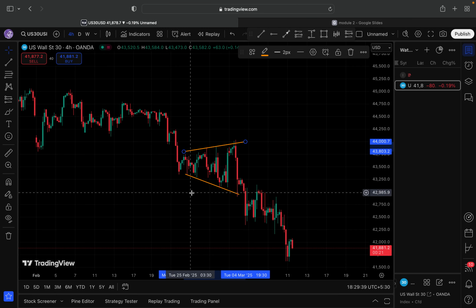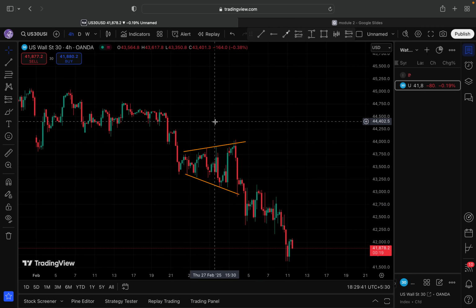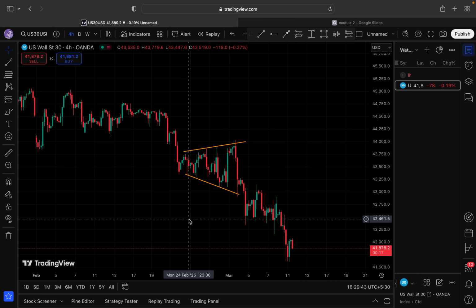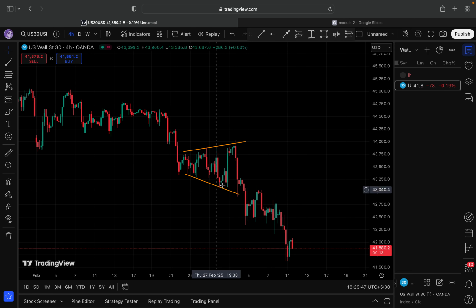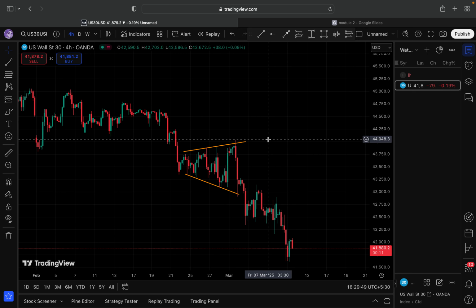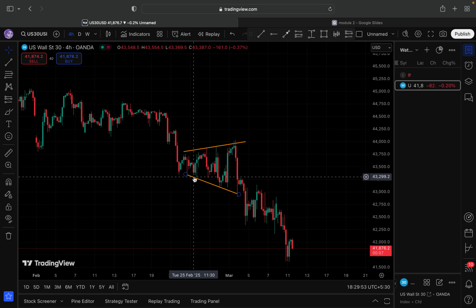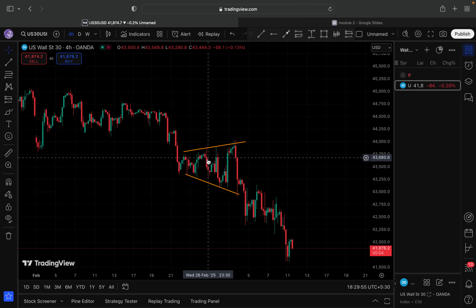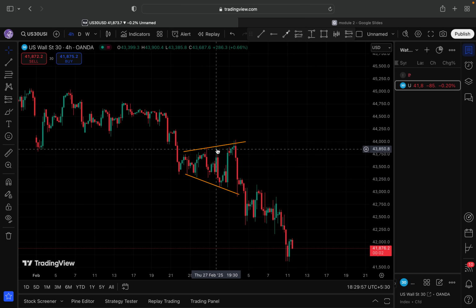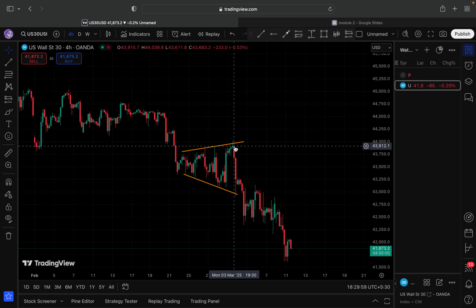Remember, at the wick. Now, see what price did here. This was a clear double top and triple top too, as it's expanding. So here, price dropped, went up, dropped, went up, dropped, went up.